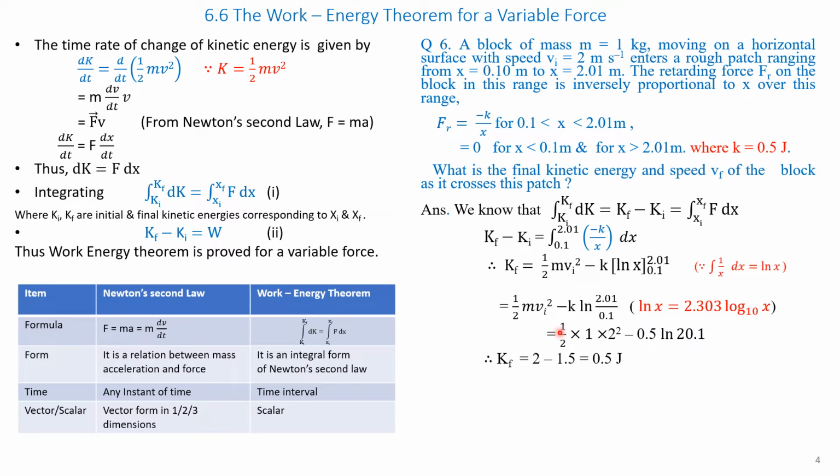Therefore Kf, the term on the left hand side, is equal to 2 minus 1.5, that is equal to 0.5 joules. We are also required to find the velocity, which is given by the relation Vf equal to square root of 2 into Kf divided by m. Therefore, V is equal to square root of 2 into Kf, which we have calculated as 0.5, divided by 1, that is equal to 1 meter per second.